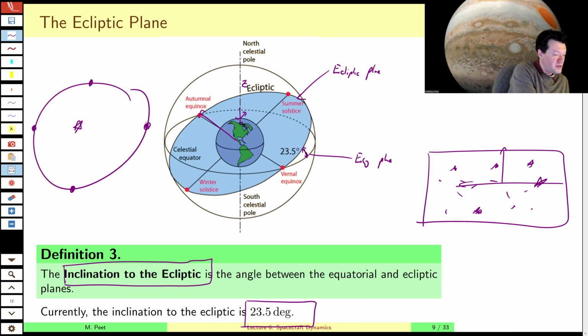And you can tell what time of year the Earth is at these various points by the direction of this north celestial pole, the z-axis, or the rotation vector of the Earth.